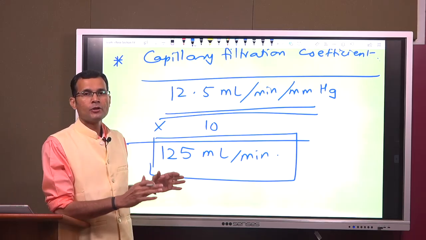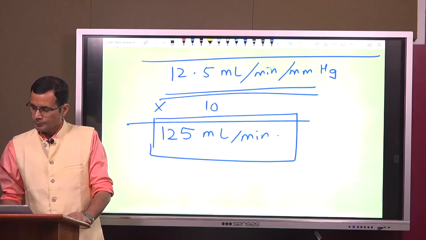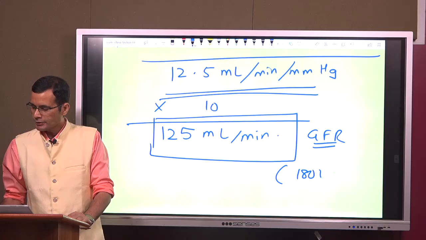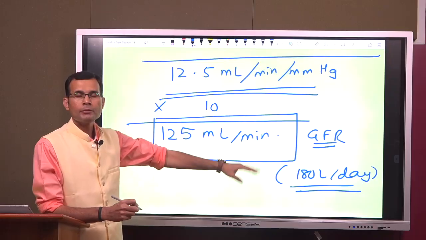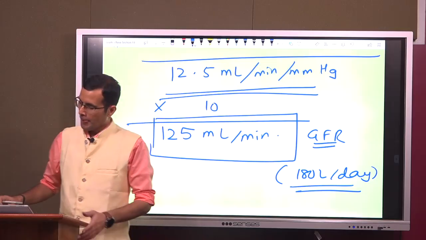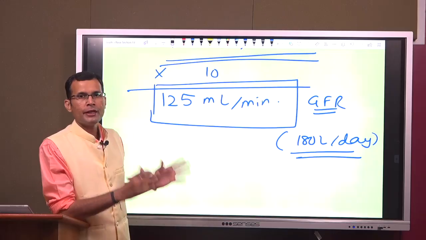That is the normal GFR, 125 ml per minute, or 180 liters per day if we convert minute into day. I mean this is per unit time, right? So that's the normal glomerular filtration rate.